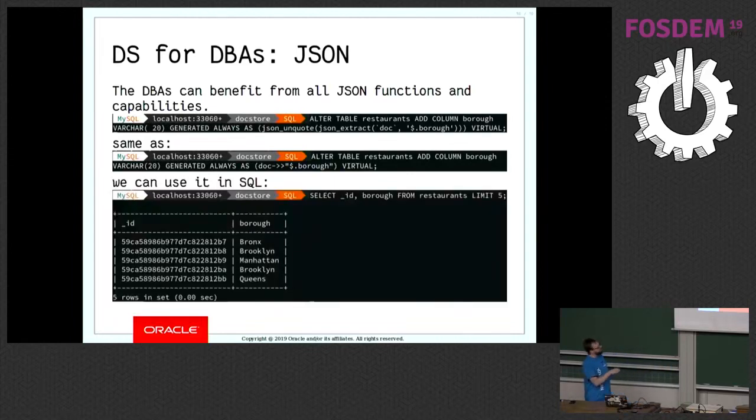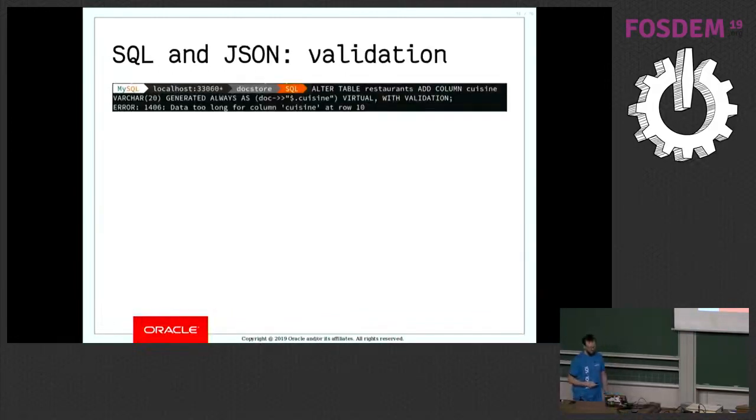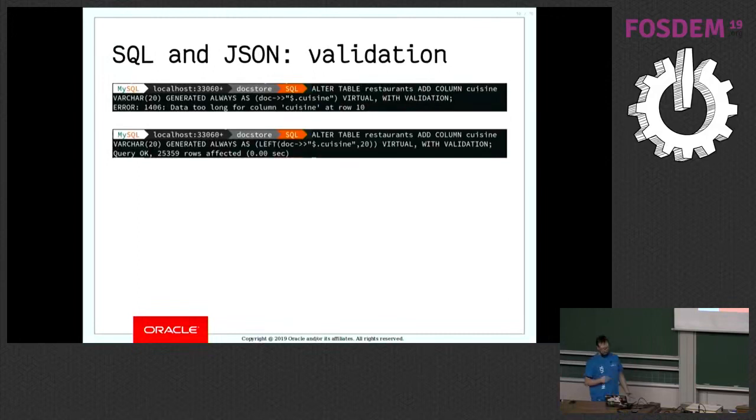These are virtual columns. The index is materialized on disk, but the data is still in your document, in the JSON data type. It didn't create a new column physically, so you don't copy the data, just the extra index. And you can validate, but I have just a little time left, so I will pass this.